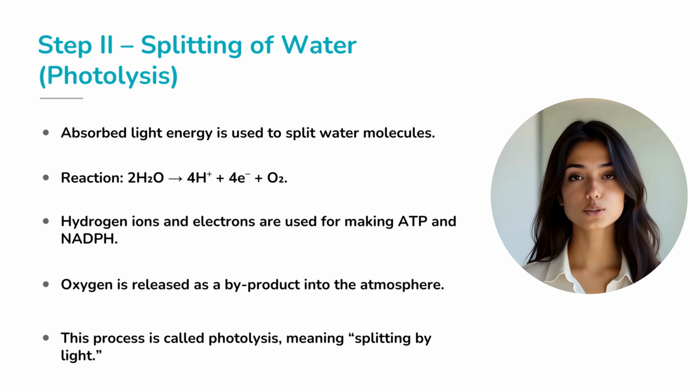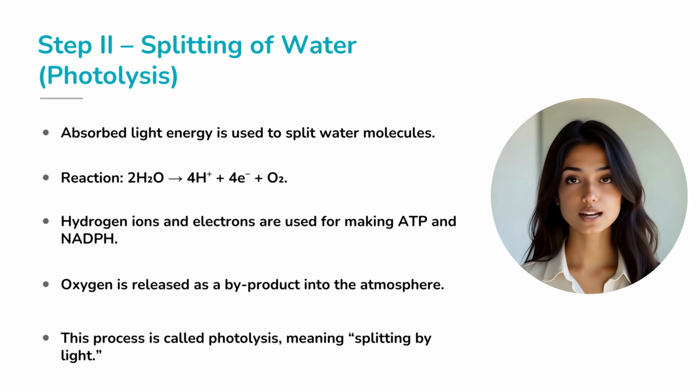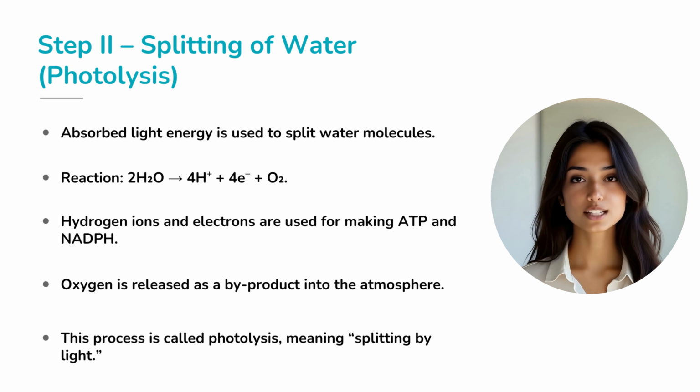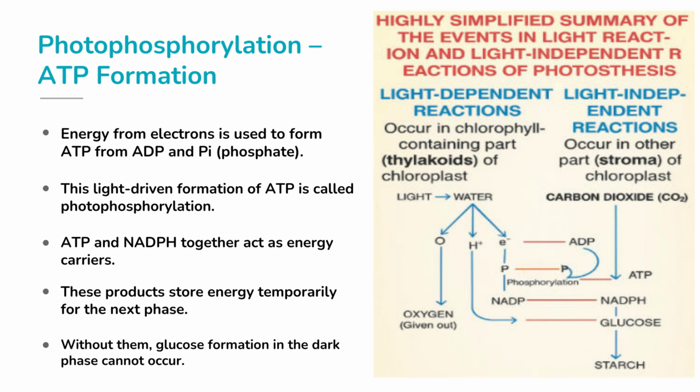The hydrogen ions and electrons go on to make ATP and NADPH, while oxygen is released into the atmosphere as a byproduct. And isn't this incredible? The oxygen that every animal and human breathes in comes from this exact step, the splitting of water inside a leaf powered by sunlight.